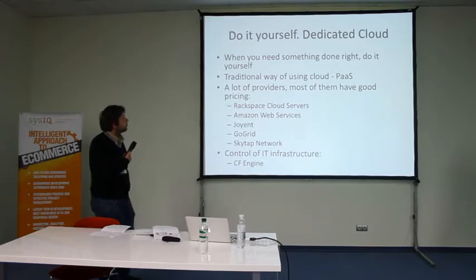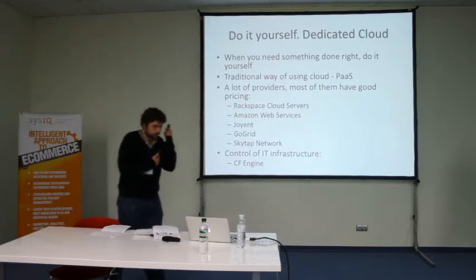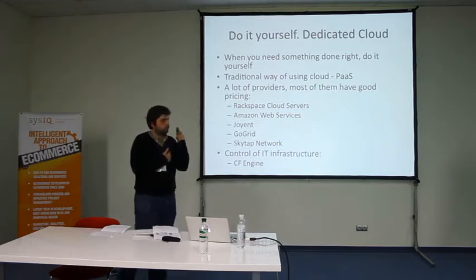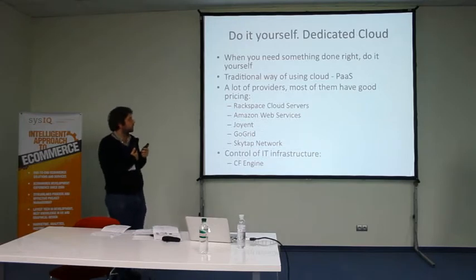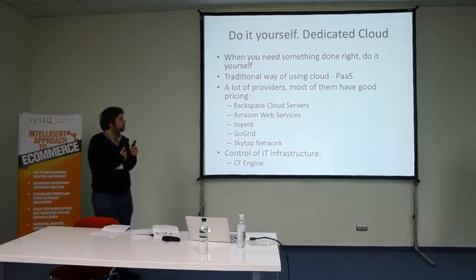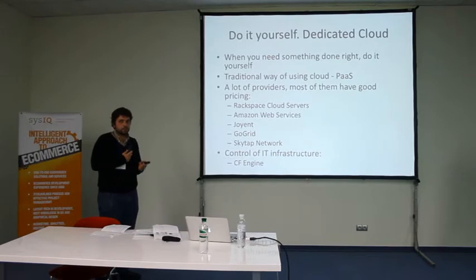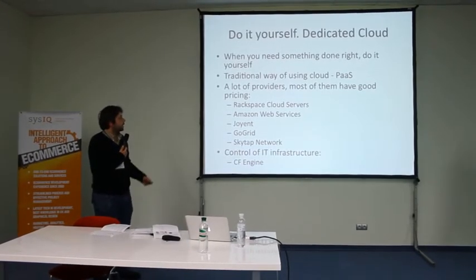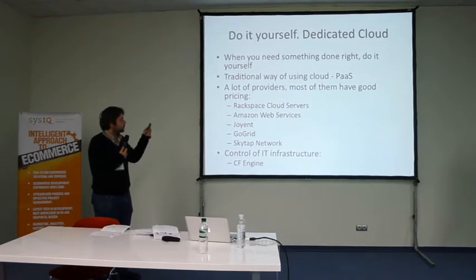But if you really want to see the whole picture and configure it well, you should do it yourself. The traditional way is using the cloud, having your own cloud environment. There are providers, for example, Rackspace. We use Rackspace and Amazon.